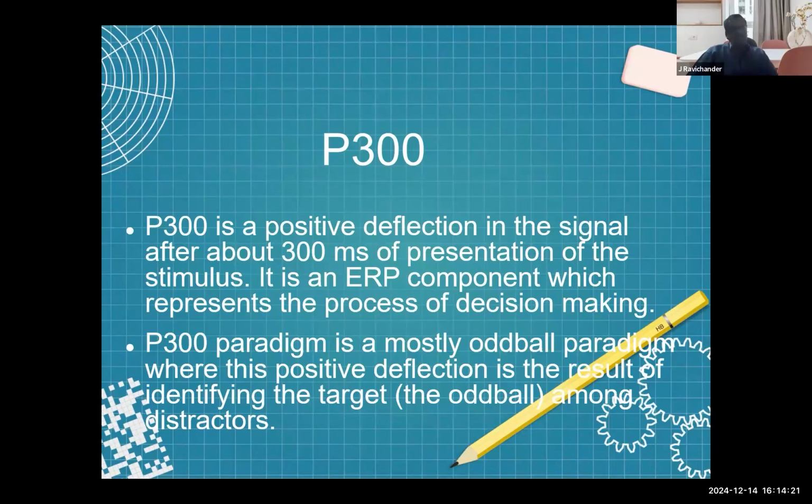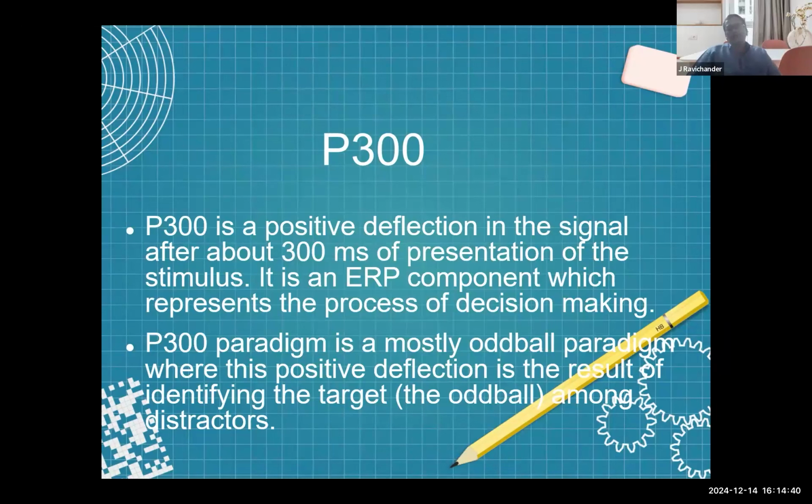If you observe this, when any odd thing happens, for example, suddenly some person just shouts, what will happen? In my brain, there is a huge spike in the signal. Why? Because that shouting is odd to me.